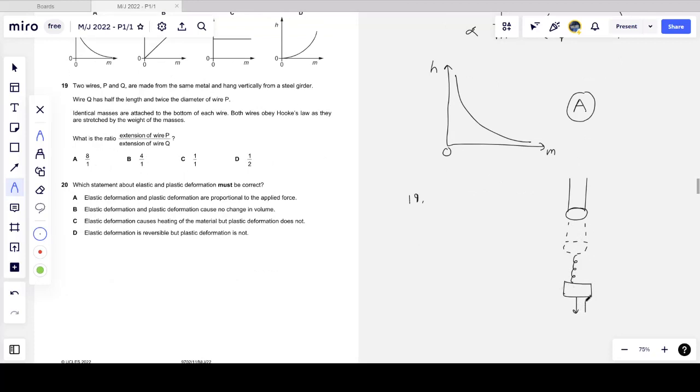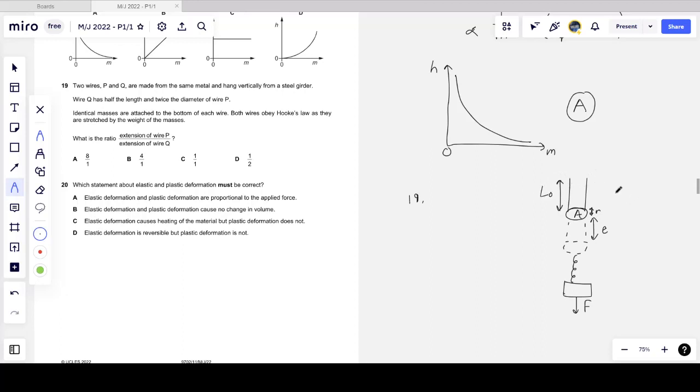And so we'll call the force that's being used to extend the wires F. We'll call the extension, the length by which the wire extends, E. The surface area of the wire we'll call A, and the radius we'll call R. So the radius of each wire is R, and the equilibrium or unextended length we'll call L0.